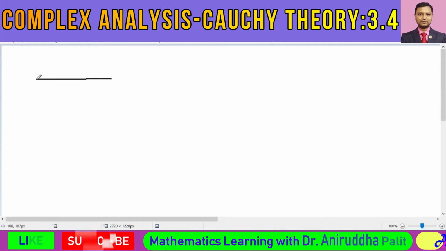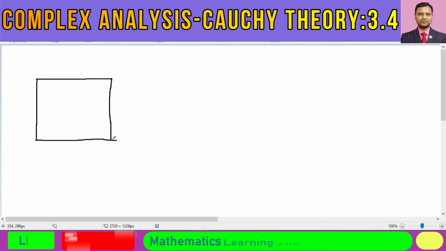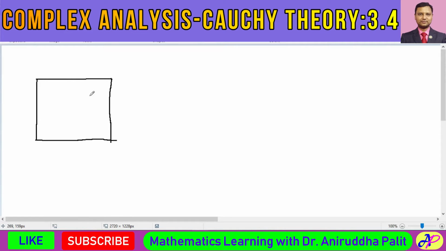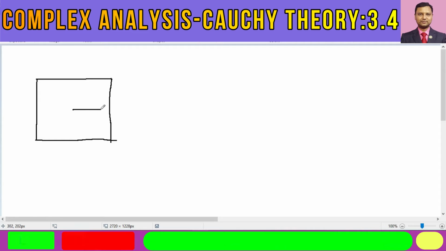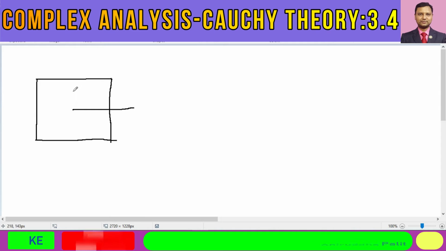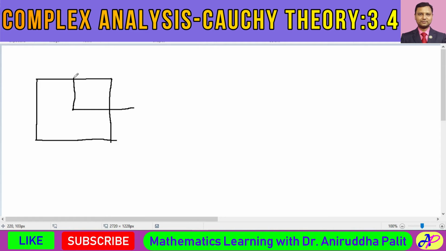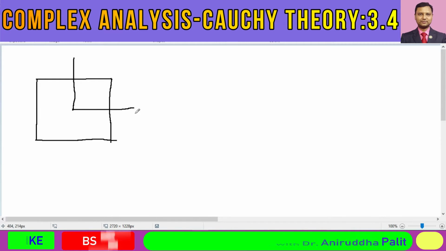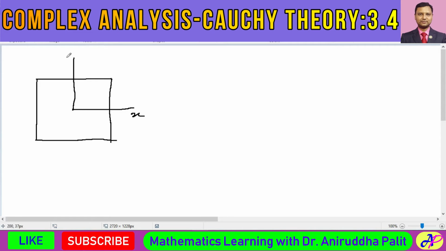This is the x-axis and this is the y-axis, with the negative y-axis and negative x-axis in these directions.